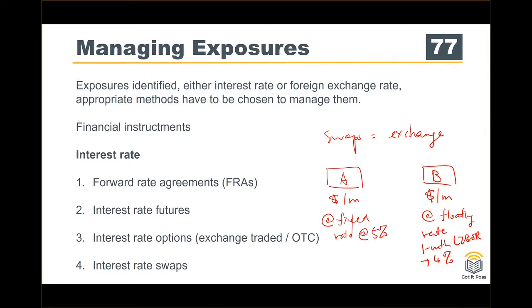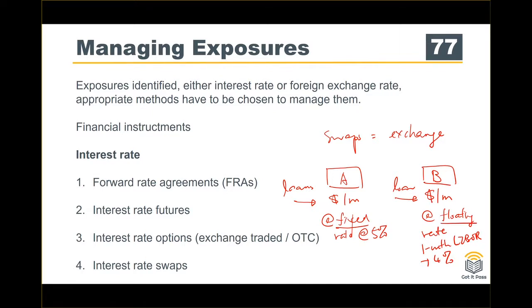Because the principal is the same, both 1 million, the difference between these two loans is the interest. A is paying a fixed rate, B is paying a floating rate.